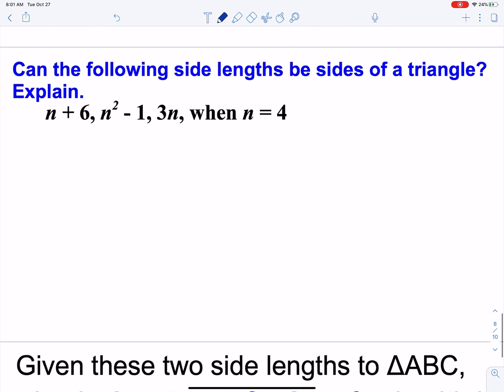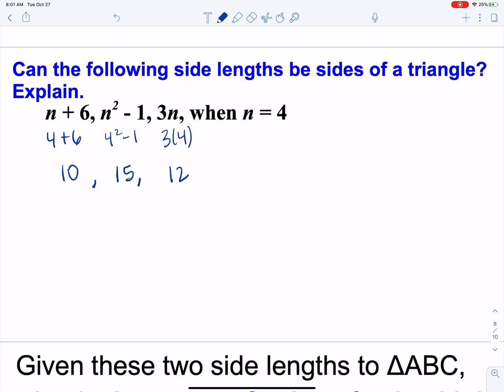So let's use it. Can the following side lengths be sides of a triangle, and explain why? We need to check these expressions, n plus 6, n squared minus 1, and 3n when n equals 4. So let's plug it in. We have side lengths of 10, 4 squared minus 1, 16 minus 1 is 15, and 3n, 3 times 4, 12.